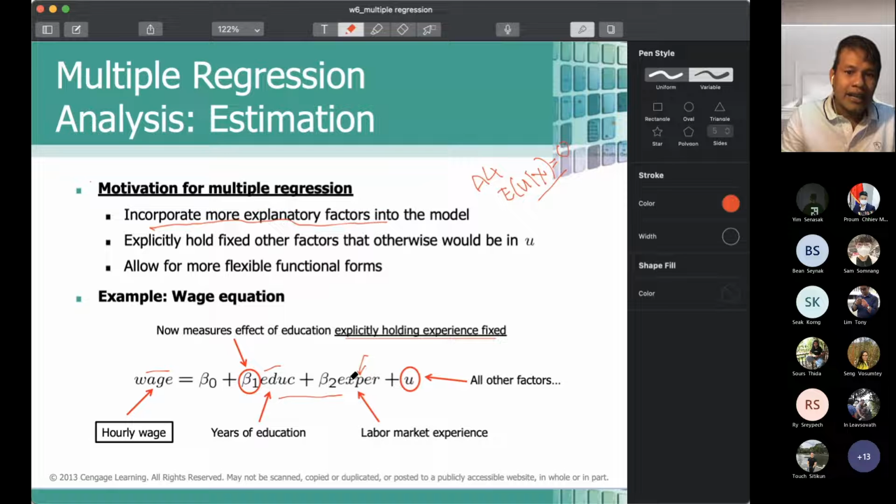And here, experience is included in this model. So we say that it measures the effect of education holding experience fixed or controlling for experience. In other words, you now compare the wage of two people that have different education but the same experience when you include experience in this equation.